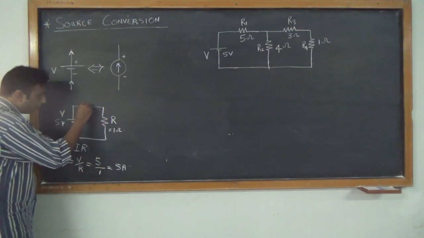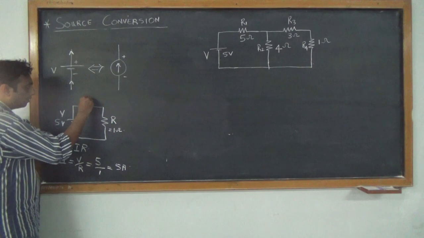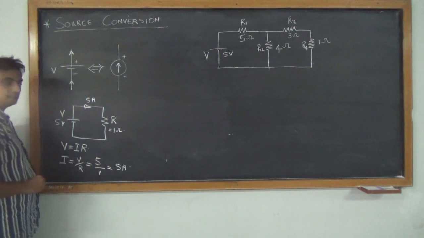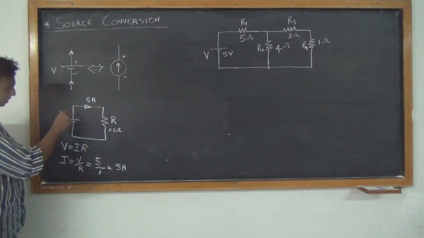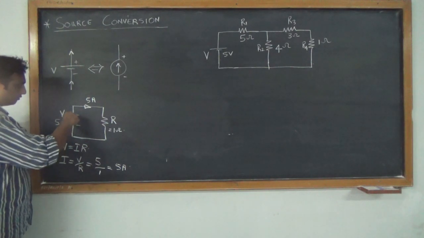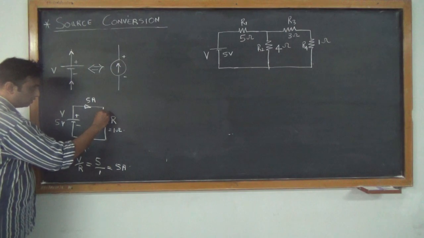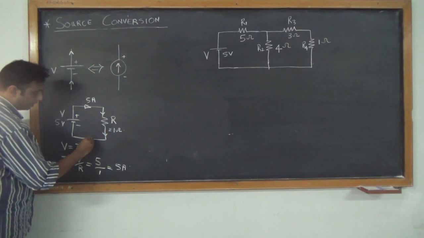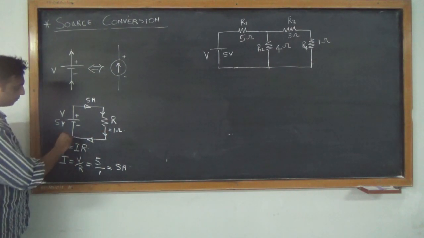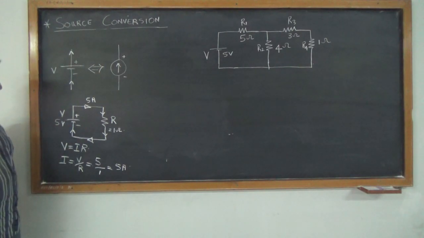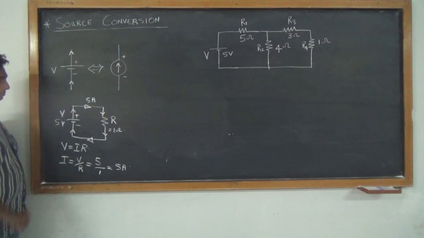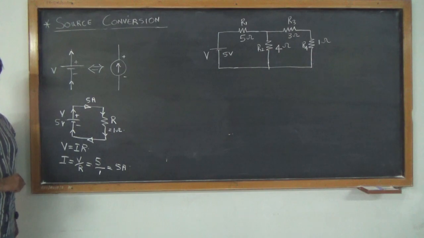So the current flowing here is 5 amps. This is 5 volts, this is your positive, this is your negative. So current moves from positive to negative. So it will go here, it will move here, it will move here, and finally it will return back. So I got my current.